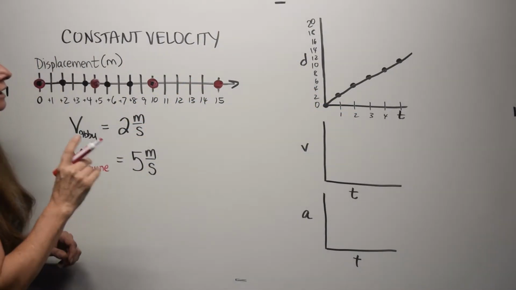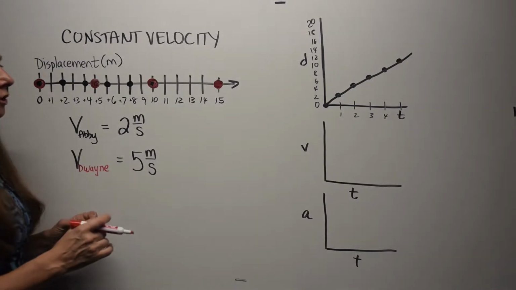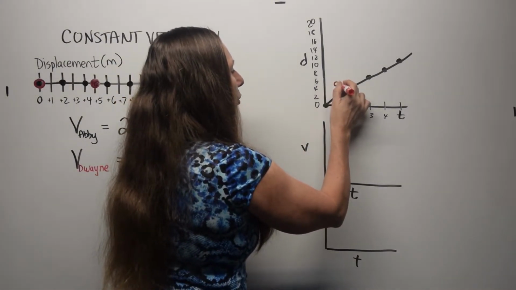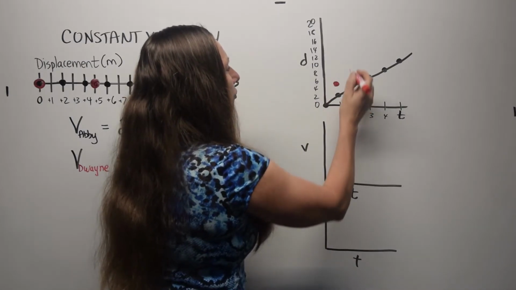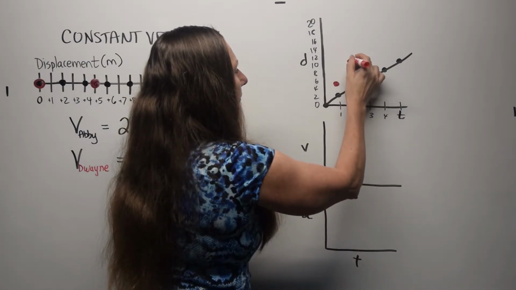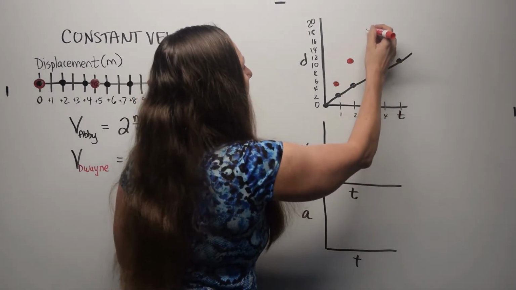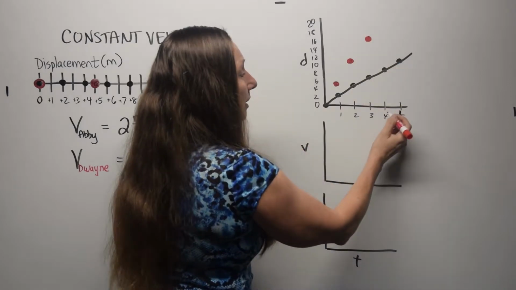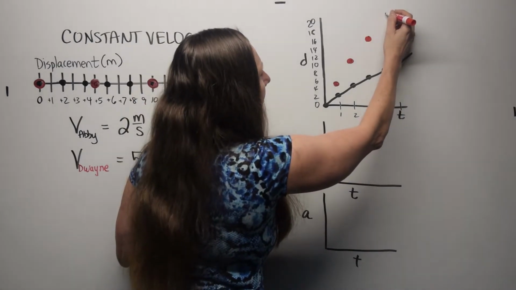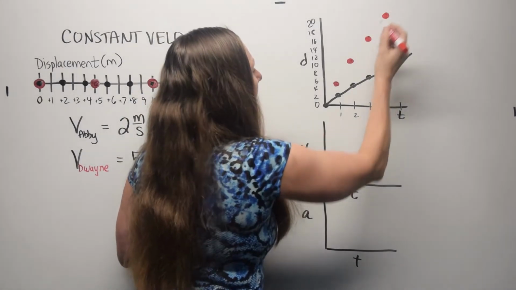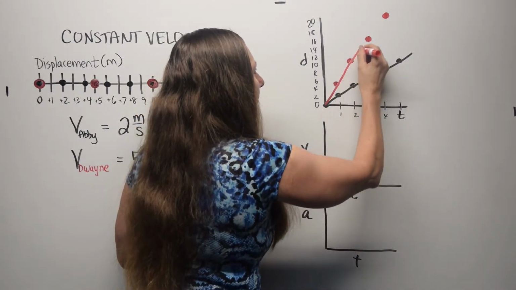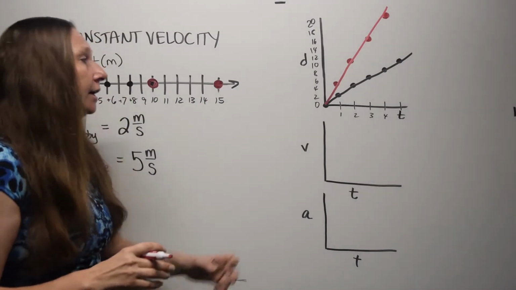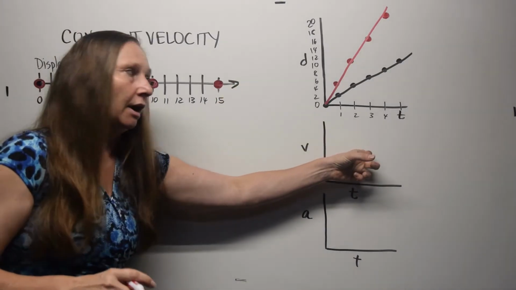Now, let's graph Dwayne's motion. After 1 second, he's at 5, right between 4 and 6. After 2 seconds, he's at 10. And after 3 seconds, he's at 15. Well, we know where he's going to be at 4 seconds. He will be at 20. So you see what the graph of constant velocity looks like on a displacement time graph.